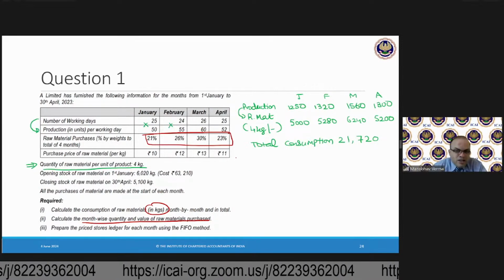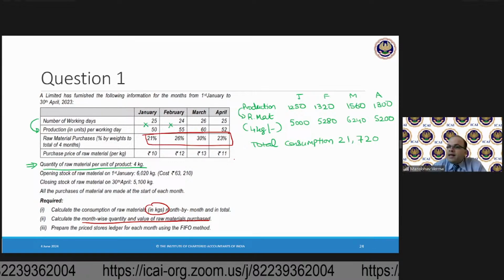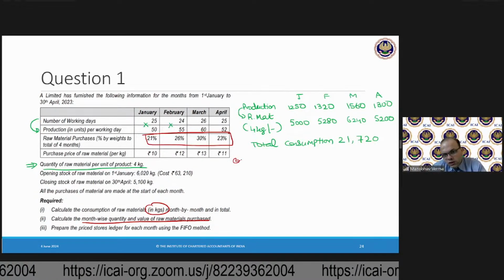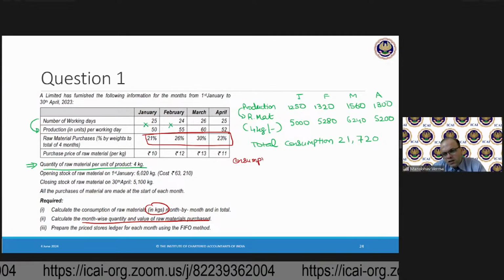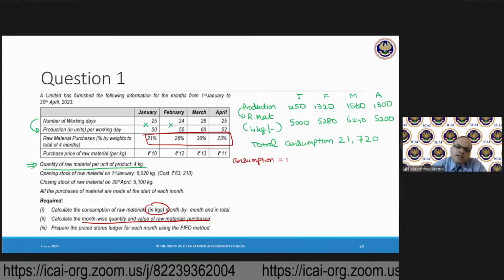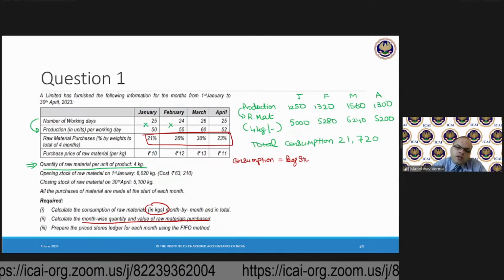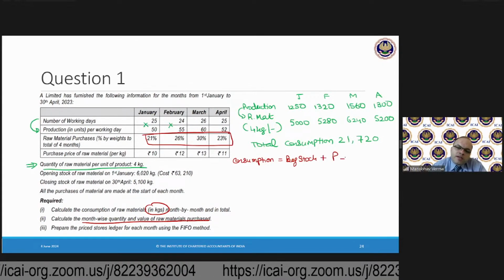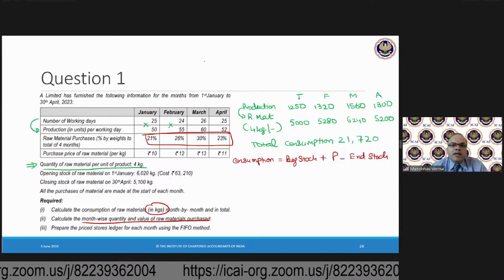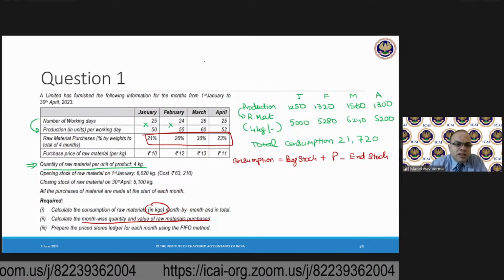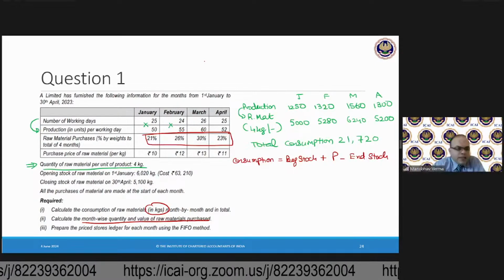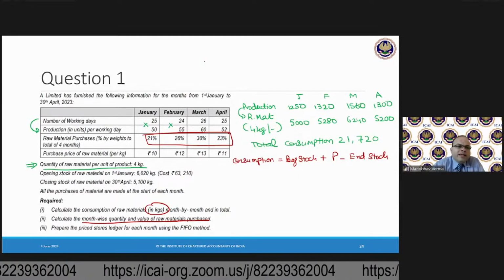Because what we understand is, in terms of the consumption, this should be equal to my beginning stock plus purchases minus ending stock. Do you guys agree with this formula, guys? From a consumption standpoint, we are saying that it should be equal to my beginning stock plus purchases minus ending stock.